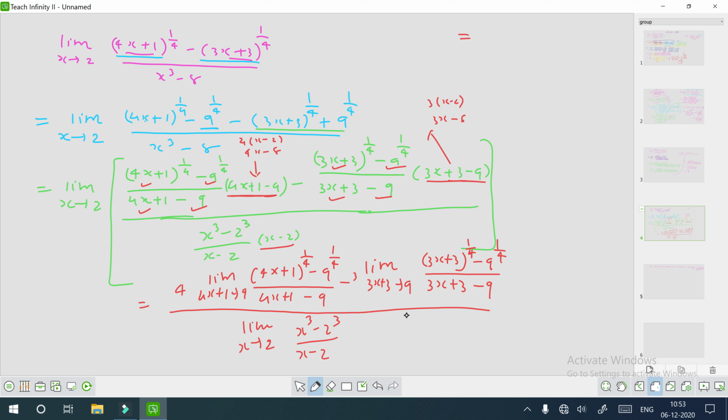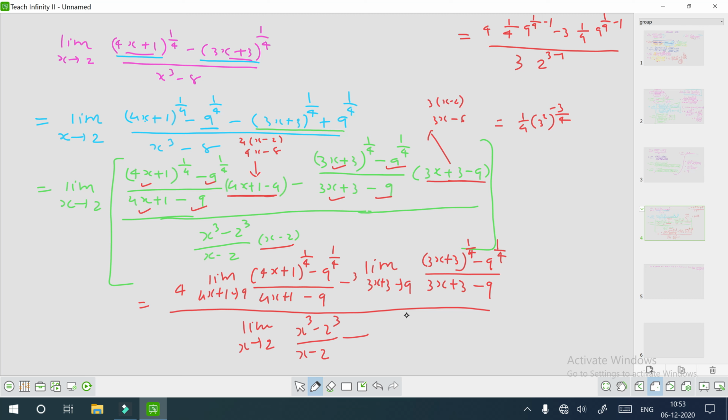That is equal to, as it is, 1 by 4, 9 raised to 1 by 4 minus 1. Of course, minus 3, 1 by 4, 9 raised to 1 by 4 minus 1, over the denominator quantity, here 3, 2 raised to 3 minus 1. 1 by 4, 3 square raised to minus 3 by 4.